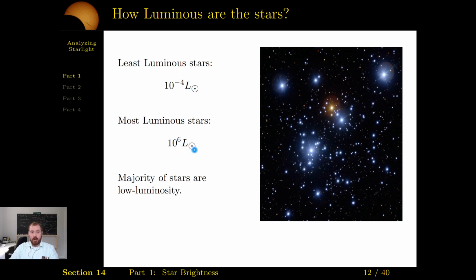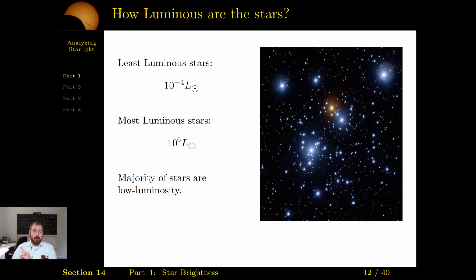The most luminous stars tend to be about 1,000,000 times more luminous than our sun. So the range here is that you can be 10,000 times less powerful than our sun, or 1,000,000 times more powerful than our sun. So there is a wide range of stellar luminosities.